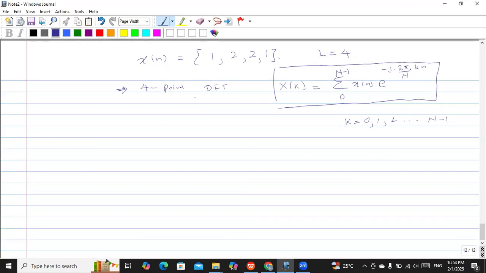Now we are asked to find the 4-point DFT. That means N is equal to 4.